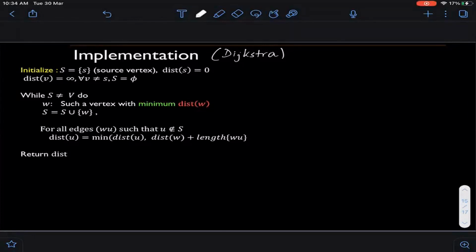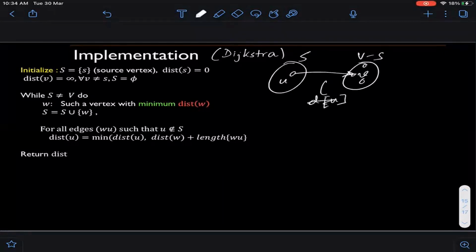Okay, by the way, what is the greedy choice? Remember, Dijkstra's is a greedy algorithm. So what is the greedy choice that we are making? Let's say there is some vertex in S which is U, and there are other vertices in V minus S. If I am testing an edge, and this is V, then the quantity that I'm looking at is dist of U plus the length of this edge, which is l(U,V).